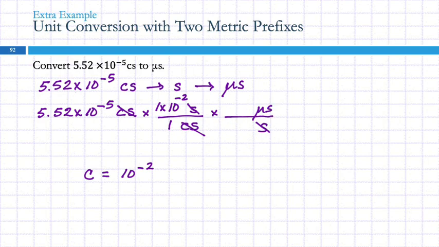Here I've got micro, that mu. That stands for 10 to the minus 6. So I've got the mu up here. That's like an abbreviation for 10 to the minus 6. 1 microsecond is 1 times 10 to the minus 6 seconds.